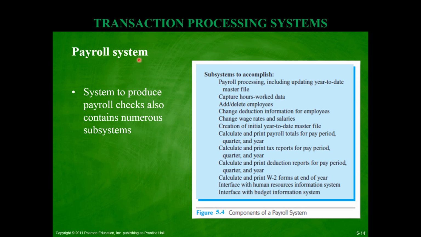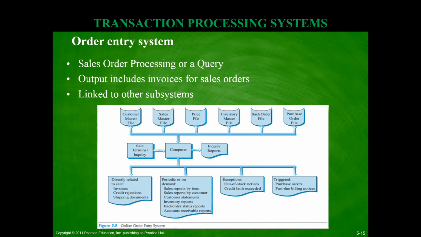Because of that, a transaction processing system can rely on a number of databases or subsystems. Perhaps an even better example of a quite complicated transaction processing system are transactional systems that help organizations to process sales orders. Because processing an order from a customer may involve dealing with a number of data sources.